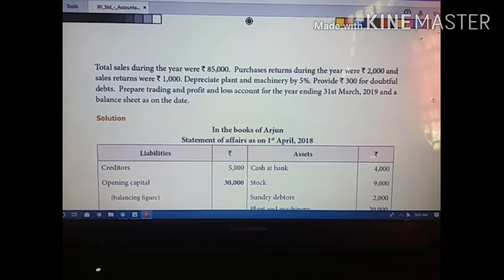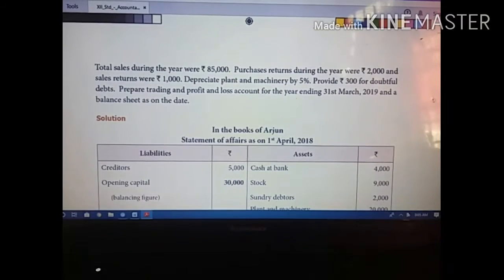If sometimes they give a purchase, then we don't open a creditors account. But in this sum there is no purchase given. Total sales they are given, and sales returns also. So in this sum there is no purchase and no opening capital.